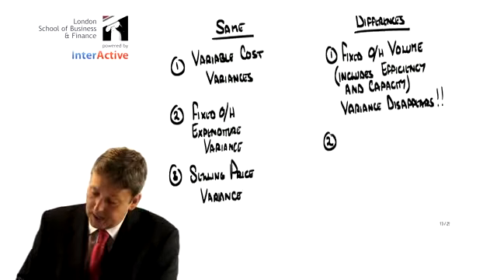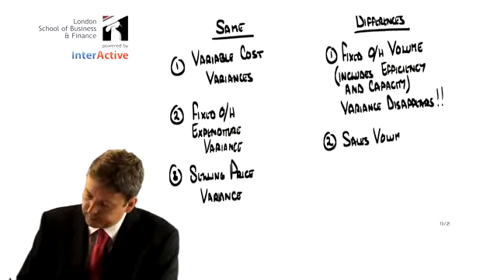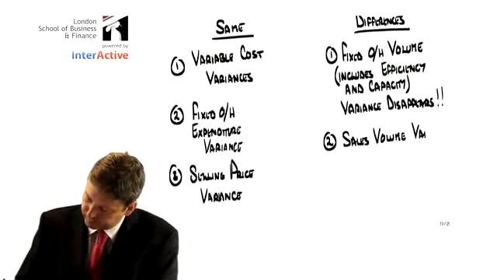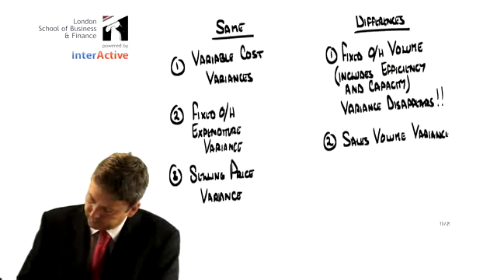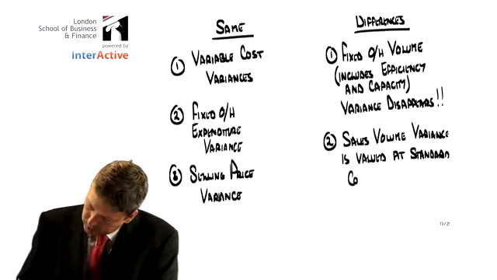So what we can say here is that the sales volume variance is valued at standard contribution margin.